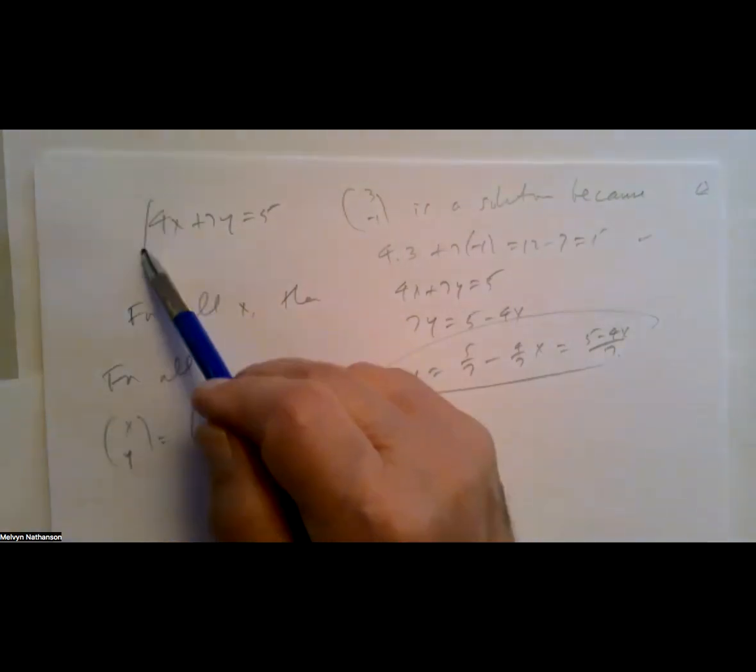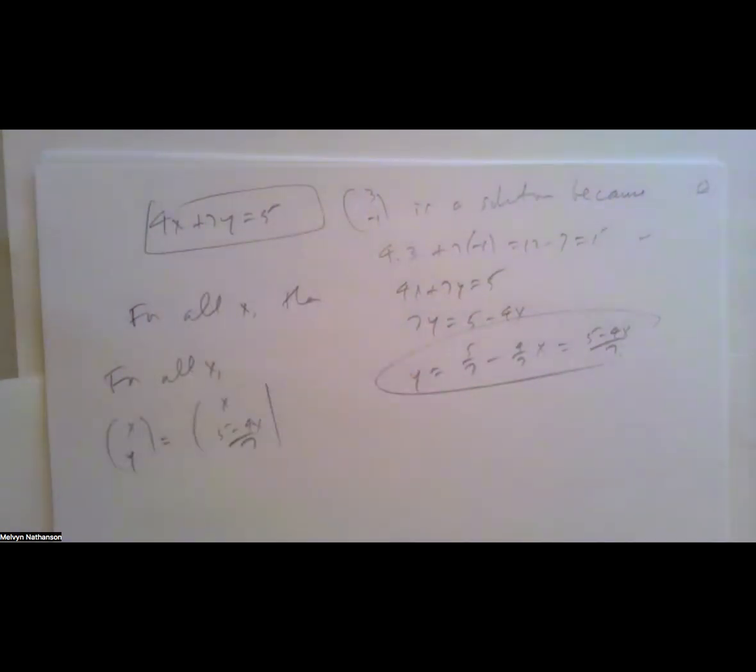So if we're studying this simple linear equation in 2 variables, every solution is of this form. If the first coordinate is x, the second coordinate must be (5 minus 4x) over 7.